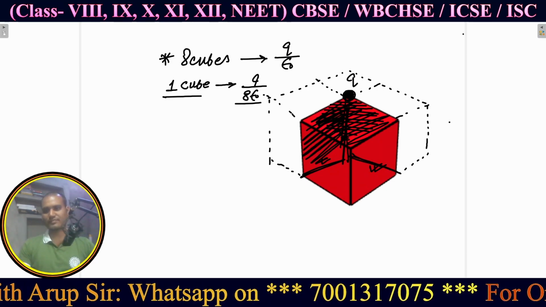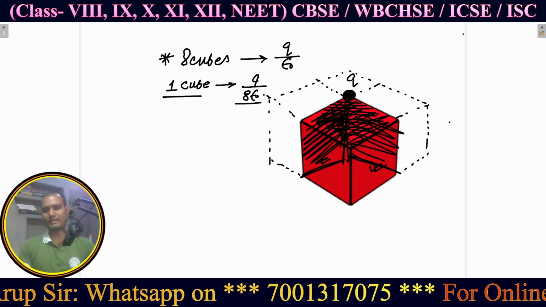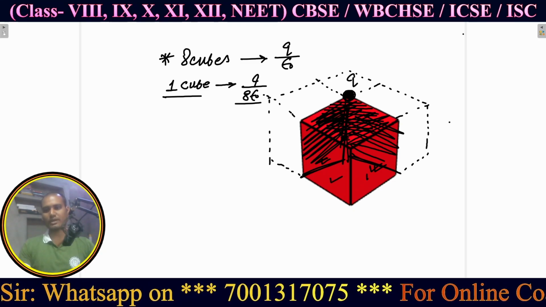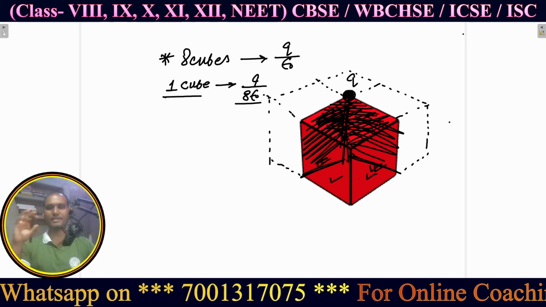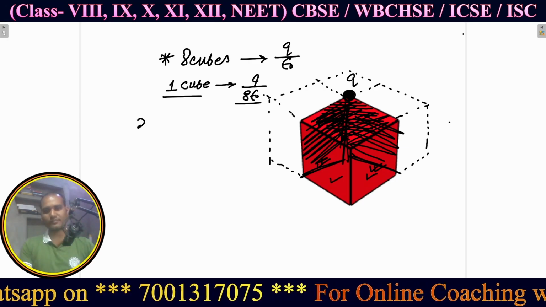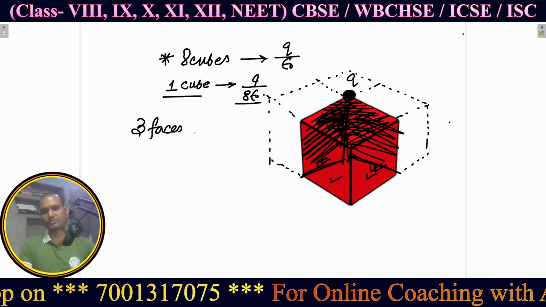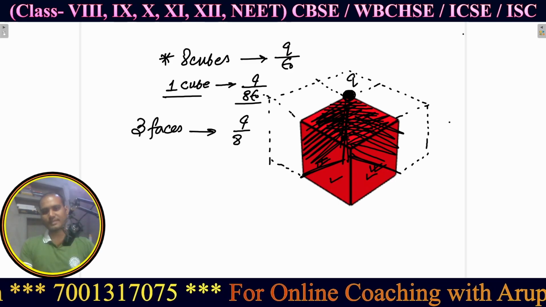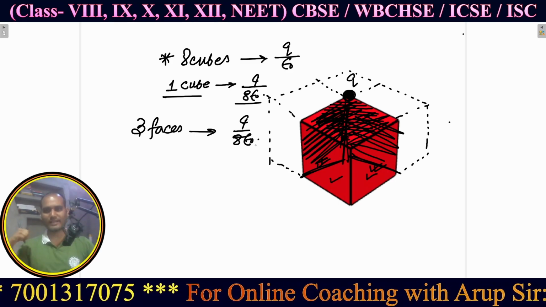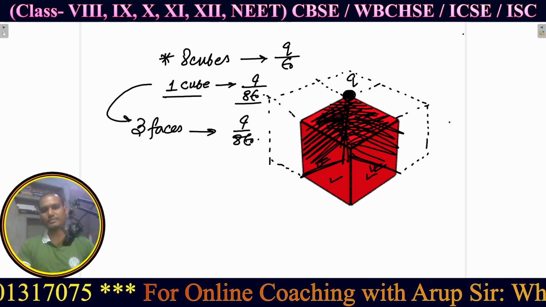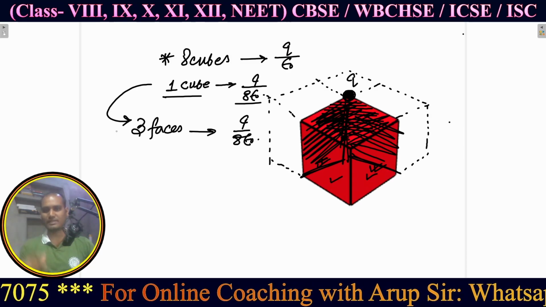For this surface, this will also be parallel. Only this lower one, this side and this side will be the effective 3 faces. So through 3 faces, q by 8 epsilon naught amount of flux is passing. Means 1 cube is equivalent to 3 faces here.